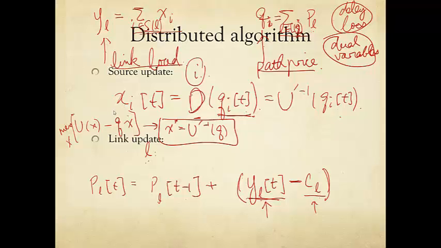Exactly what happens in many marketplaces in an iterative way. When demand exceeds supply, you crank up the price. If the price is cranked up, then the demand will drop. So in the next iteration, those sources using link L will see a smaller x, and therefore their total sum y, the link load, will be smaller. That's moving in the right direction. When y is bigger than c in this iteration, next iteration will be smaller.